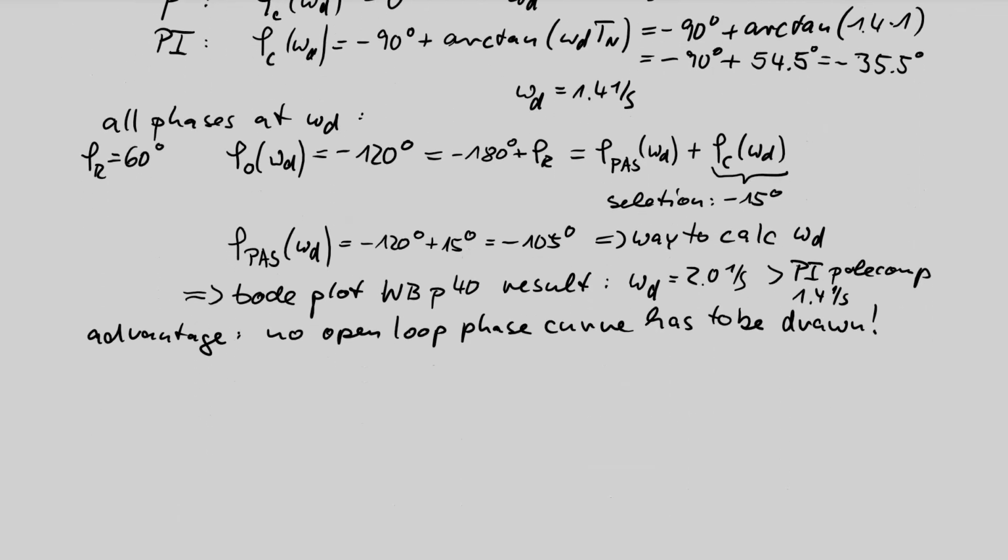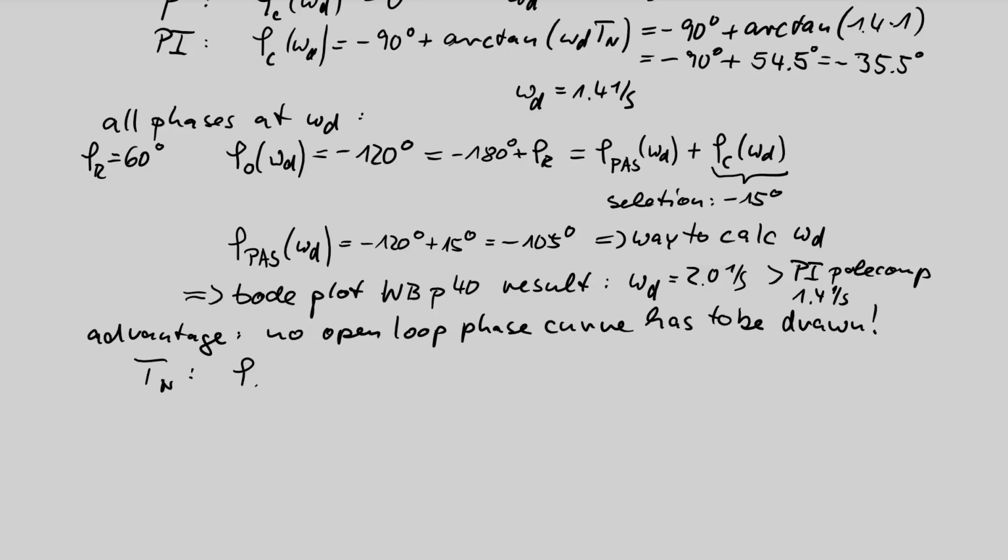And what we of course now have to calculate is the Tn value. Tn is not selected in the pole compensation. Tn is set to the largest process time constant of the PT1s, is 1 second. Now Tn is unknown and we have to calculate the value, but note this equation is exactly the necessary equation to select now the Tn.